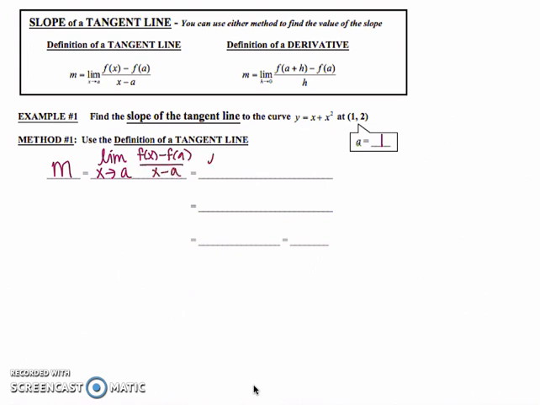So for this particular problem, that's going to be the limit as x approaches 1, because my a value is 1, of f of x. Well, f of x is my function, so that's going to be x plus x squared minus f of a. Well, f of a, I know, is 2. That's given to me in my ordered pair.